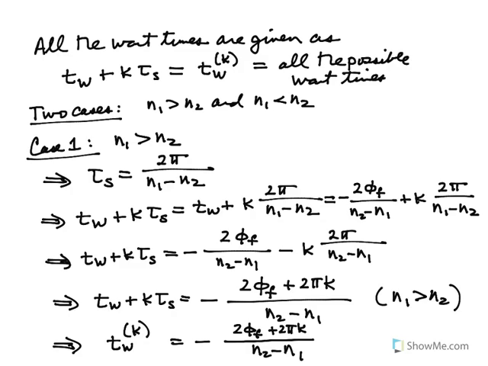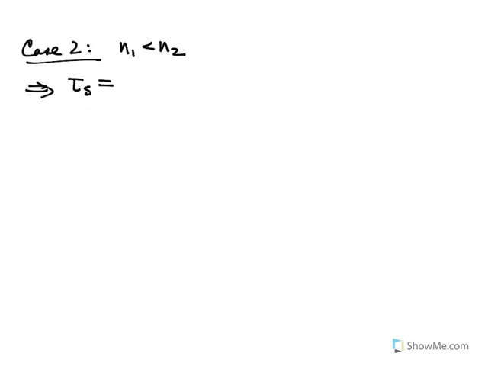Now let's look at the second case. So case 2 is n1 less than n2. So in this case we have that the synodic period is equal to, so we're going to go through this exact same argument here, which is 2 pi all divided by n2 minus n1.